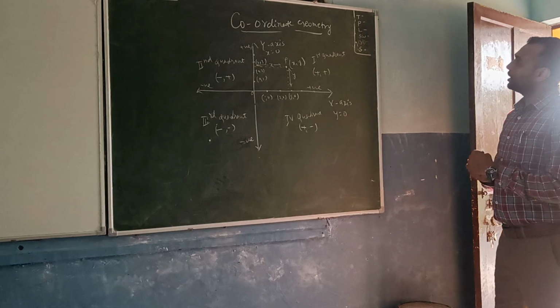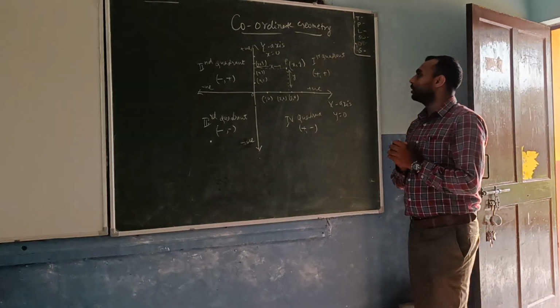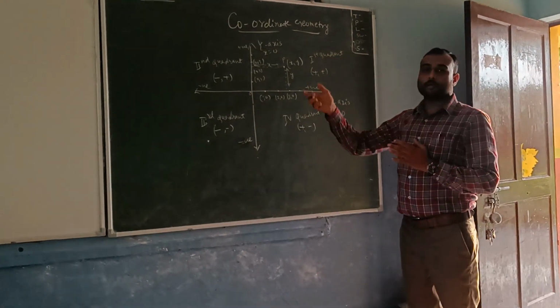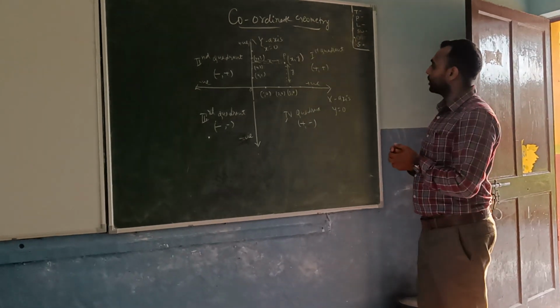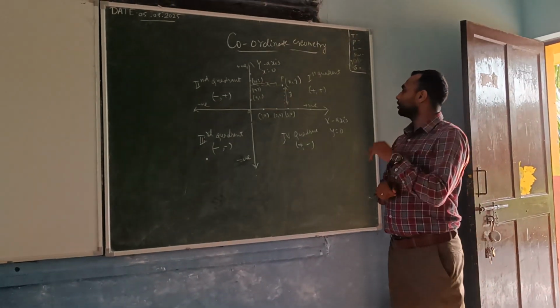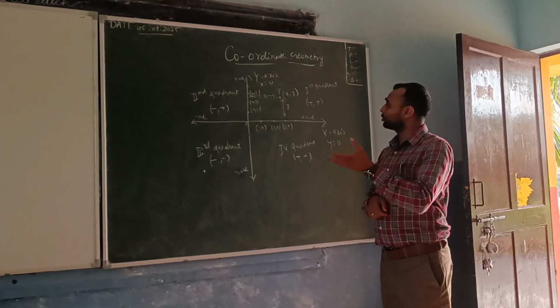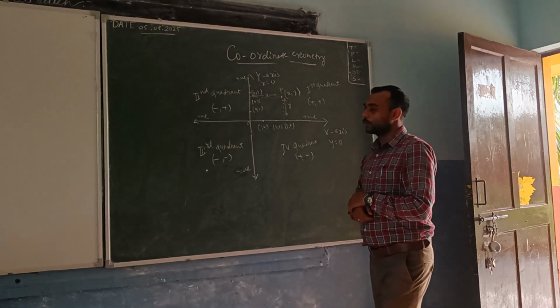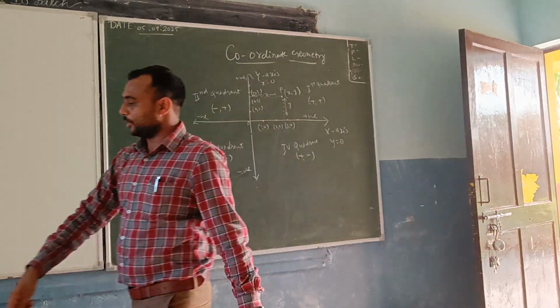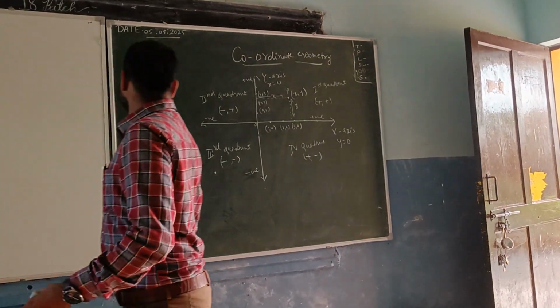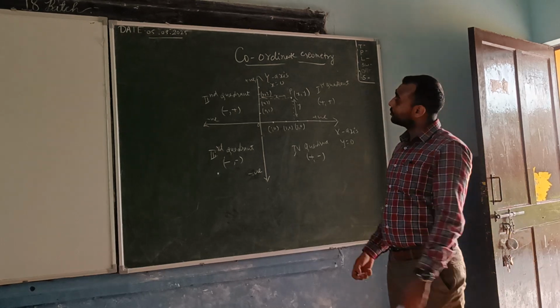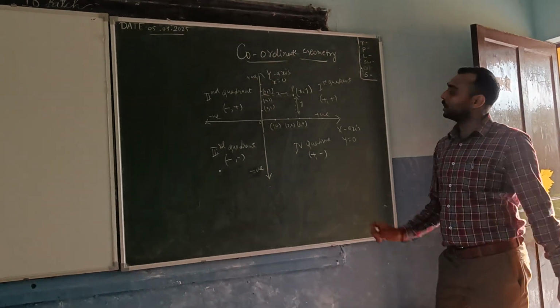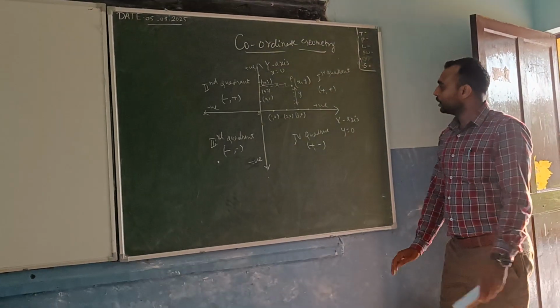This is taken as in class 9. We studied all about which quadrant a point lies in, and also what the coordinates of every point in any quadrant are. Now we will find the distance between any two points from any two quadrants.